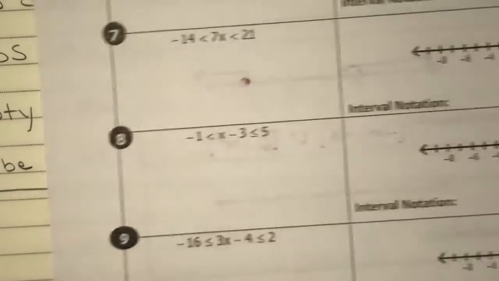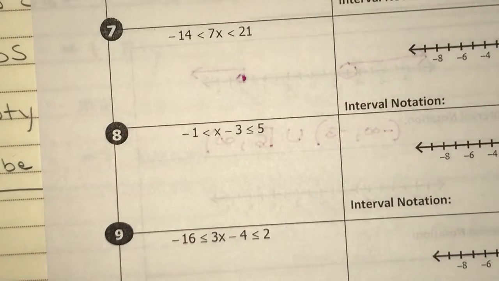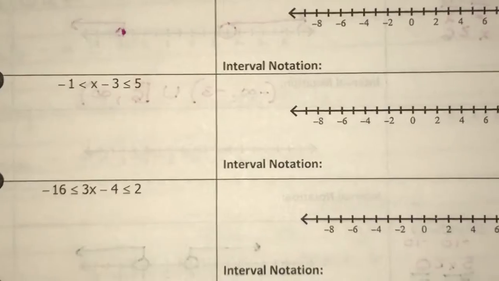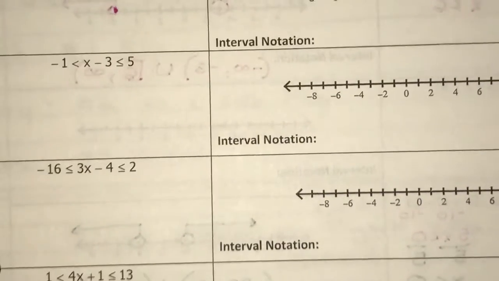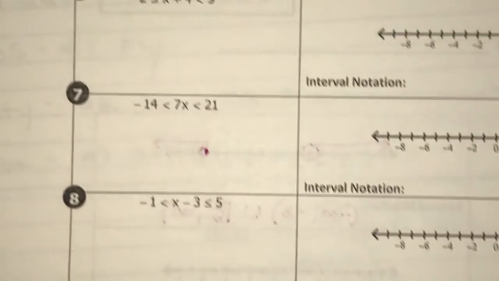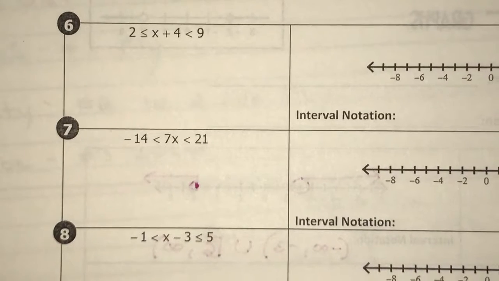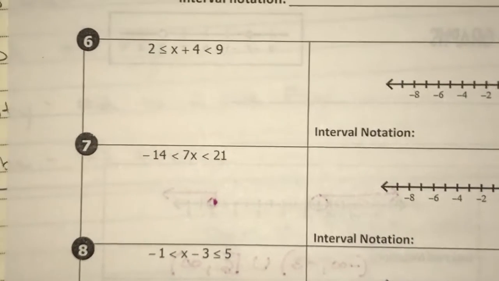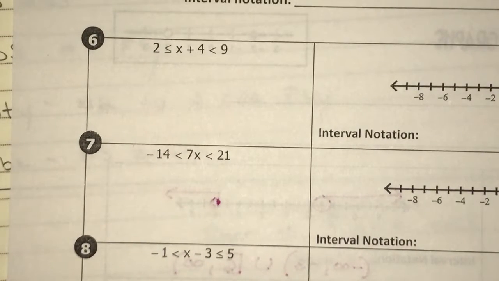Okay, turn your notes over. Now notice there's no or statement here. These are and graphs. Okay? So, your goal is to get the middle x by itself.